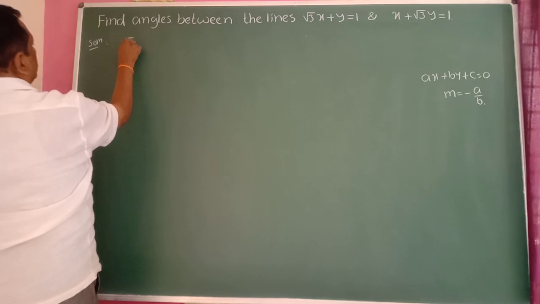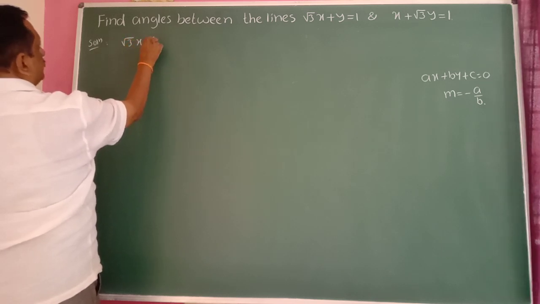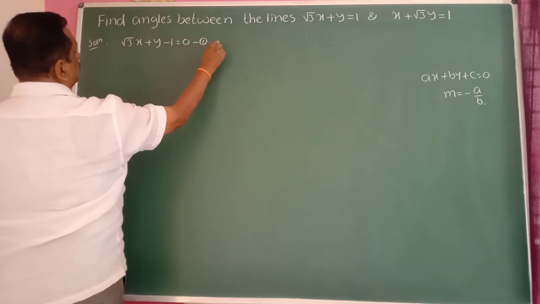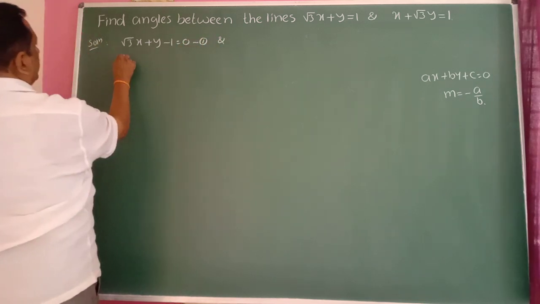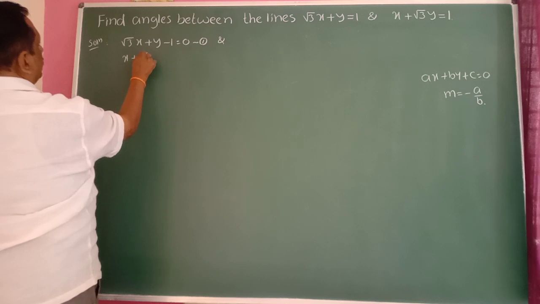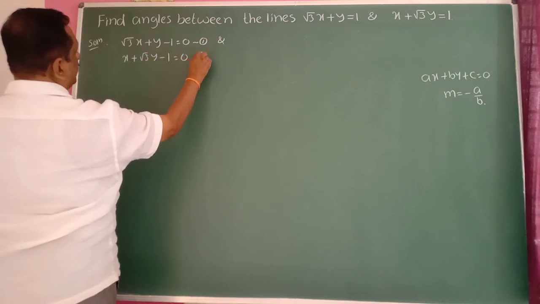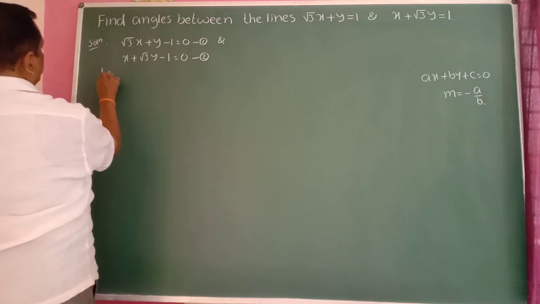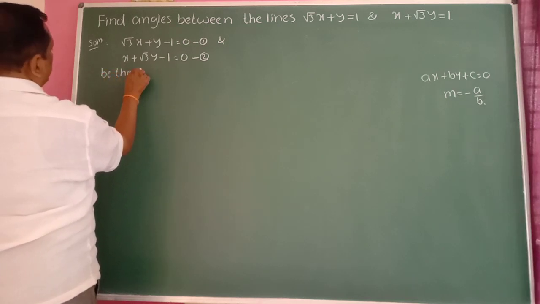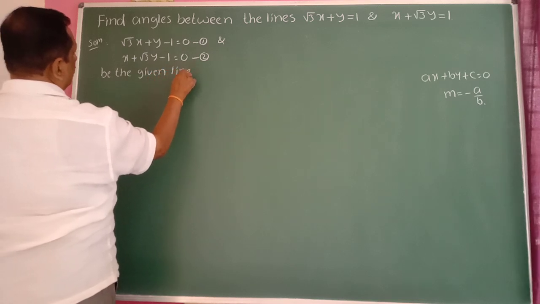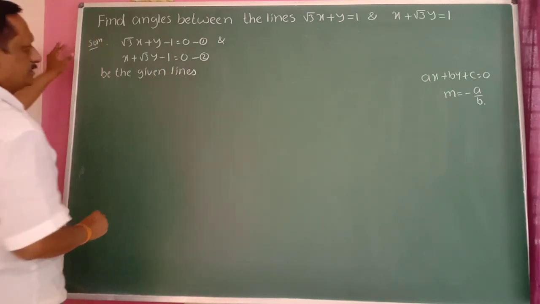Take the solution. Root 3x plus y minus 1 equal to 0, take this one as equation number 1, and x plus root 3y minus 1 equal to 0, take as equation number 2. These are the given lines.